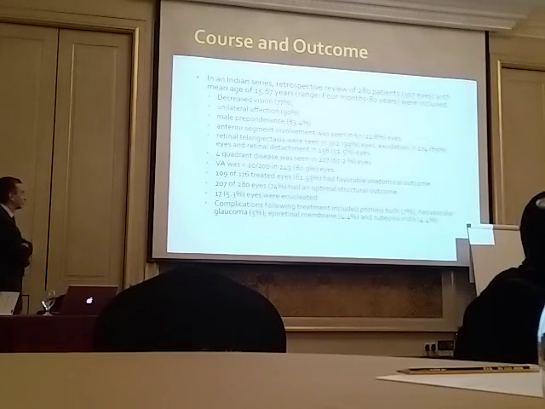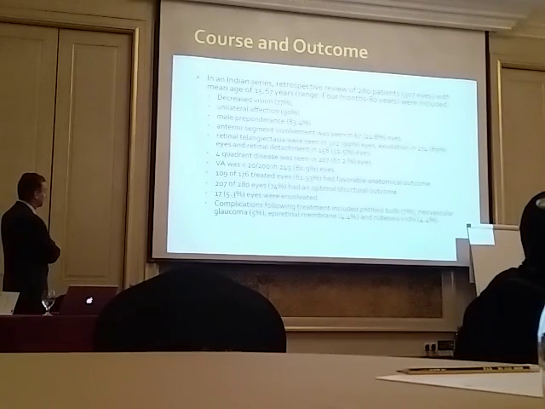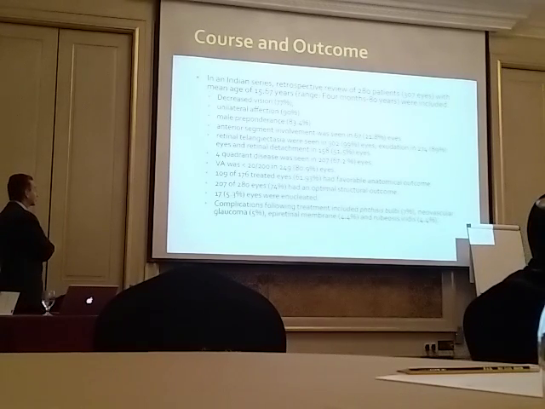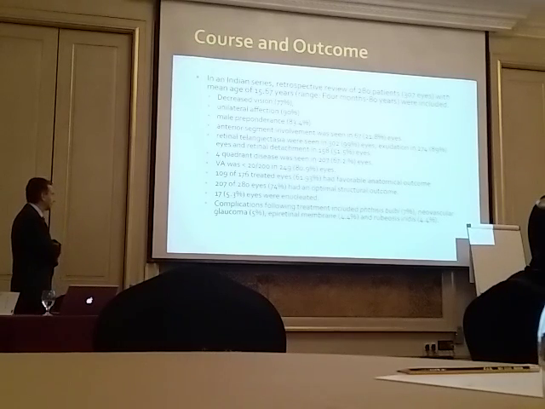Anterior segment involvement is seen at a very high percentage in the Indian series, 21%. Telangiectasias are seen in most eyes, exudation in a good number, and retinal detachment in 158 eyes.